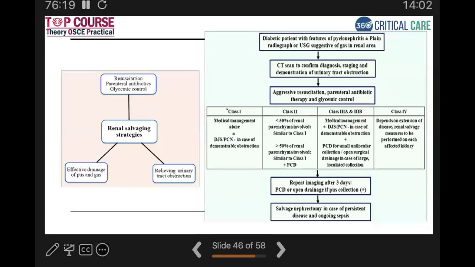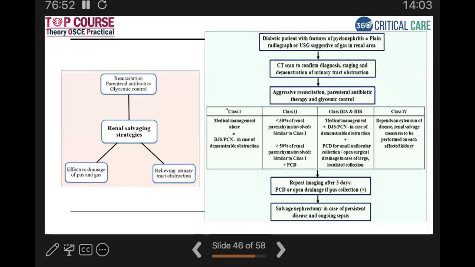So based on the CT grades, if it is class 1 and class 2 with less than 50% involvement, you can still wait, treat the patient medically and try to relieve the obstruction. But if it is class 2 with more than 50%, and class 3 and class 4, always drain the abscess by PCN, relieve the obstruction by DJ stenting, keep a backup option for surgical drainage, and for class 4 keep a backup option of nephrectomy.